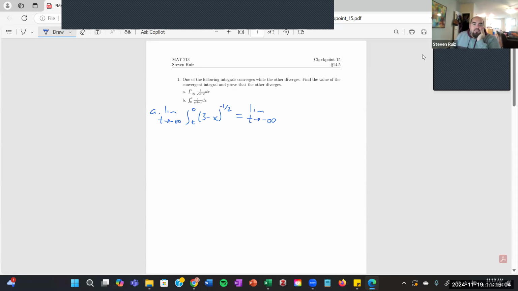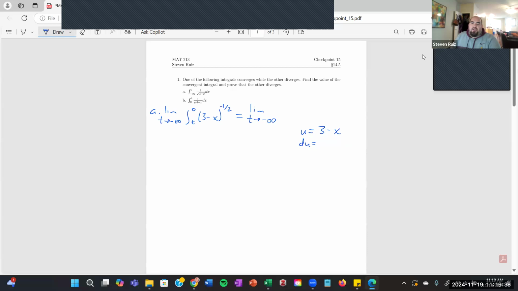I'm going to avoid using just setting up a formal integration. Actually, I'm not. Let's set that up. If I say that u is equal to 3 minus x, that means du is equal to what? Negative dx, right?